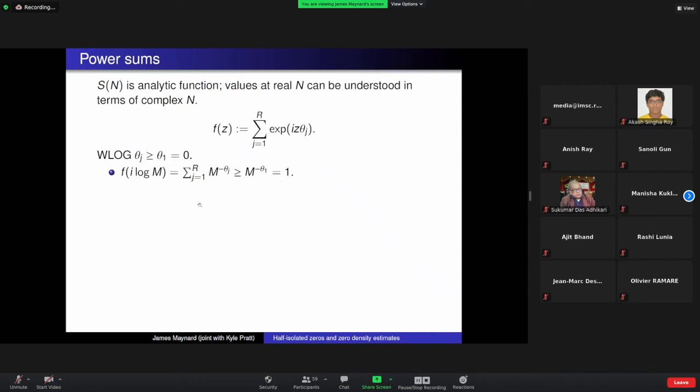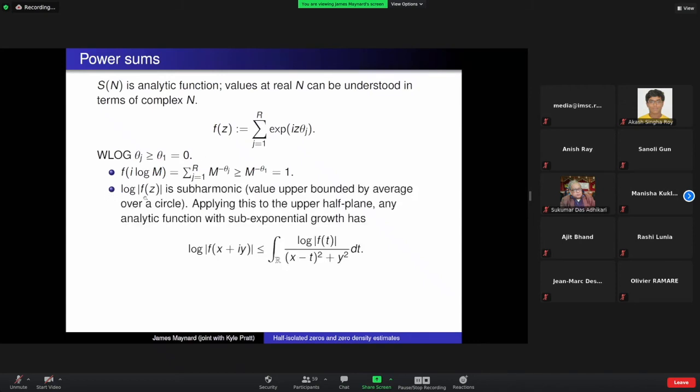But on the other hand, I know that since f is analytic, the logarithm of the absolute value is subharmonic. So just to remind everyone, that means its value at a given complex number is upper bounded by the average of its value on a circle around that complex number.